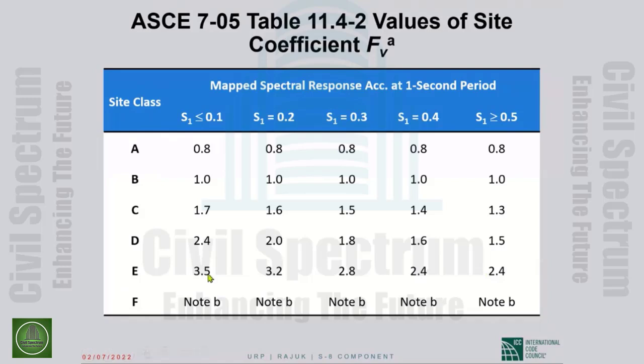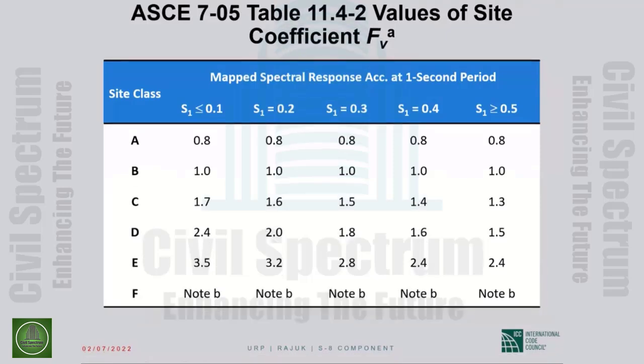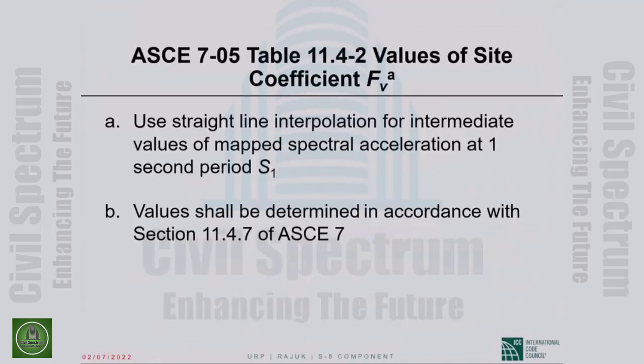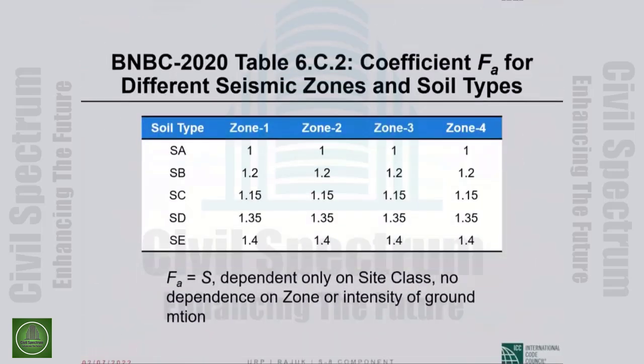Okay? So lower intensity ground motion would be amplified to a higher extent by overlying softer soils, but high intensity ground motion would not be amplified to the same extent. This tends to be quite important. Now, the interpolation between tabulated values and also the site-specific analysis according to 11.4.7.